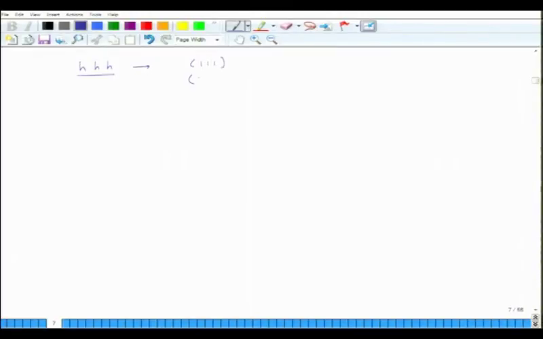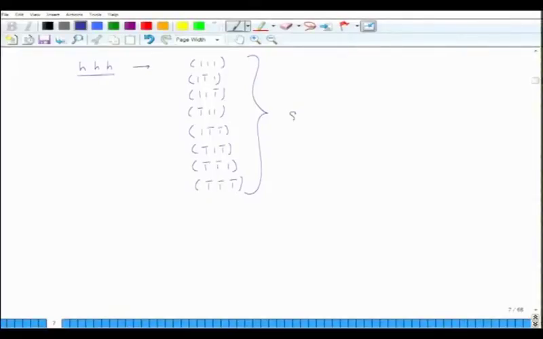So, 1 1 1 would mean 1 bar 1 1, 1 1 bar 1, bar 1 1 1, and you will have other options as well, 1 bar 1 bar 1, bar 1 1 bar 1 and bar 1 bar 1 1, and so you have in total 8. So, you have 8 multiplicity.